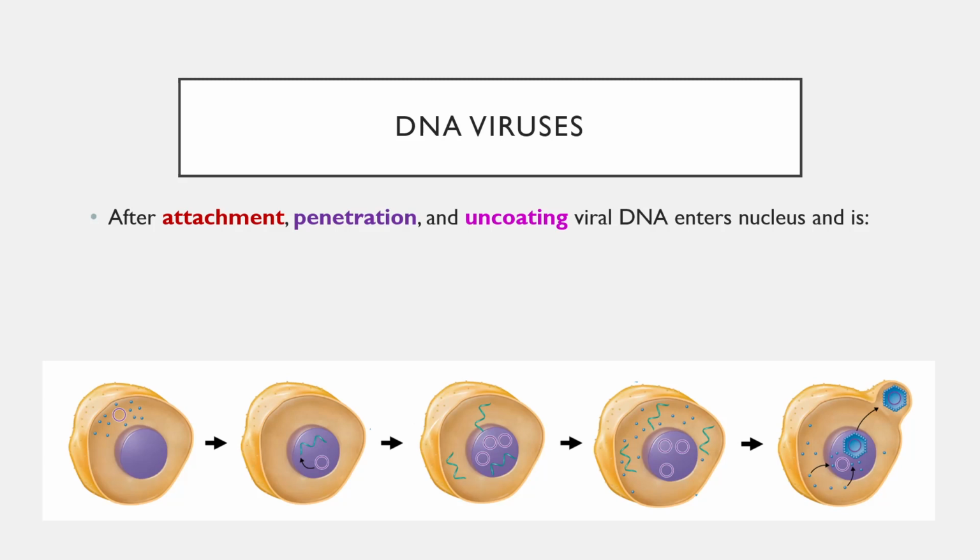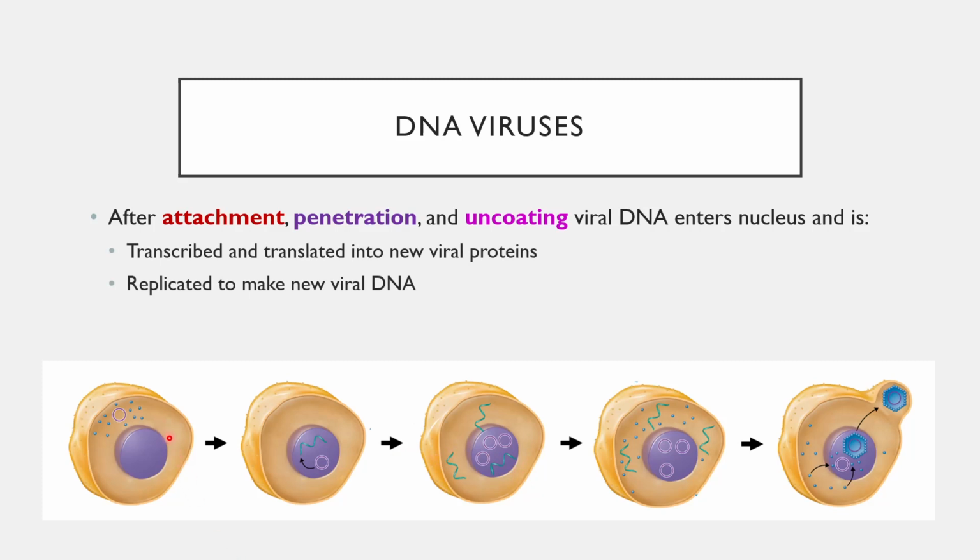After they attach, penetrate, and uncoat within the host cell, the viral DNA will enter the nucleus, being the location where the cell's normal DNA is found, and it will be transcribed and translated into new viral proteins. It will also be used as a template for replicating new pieces of viral DNA.